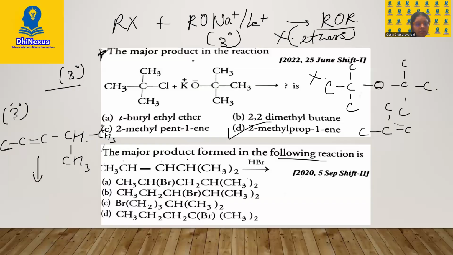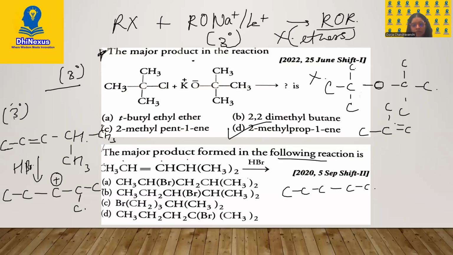This on reaction with HBr. At first, I will get a carbocation formation. So from here, the carbocation is going to form at this point. Now, with this carbocation, should we just add the bromine here? The bromine will not be added first. There will first be a shifting.